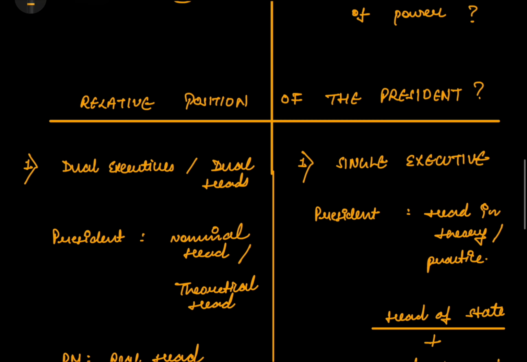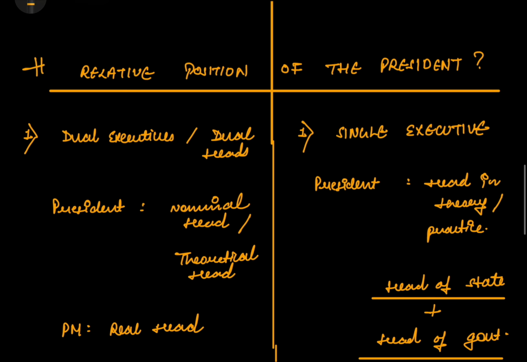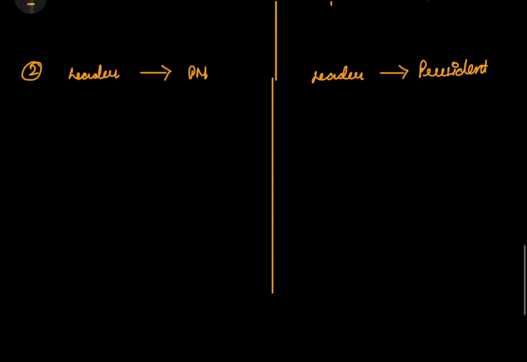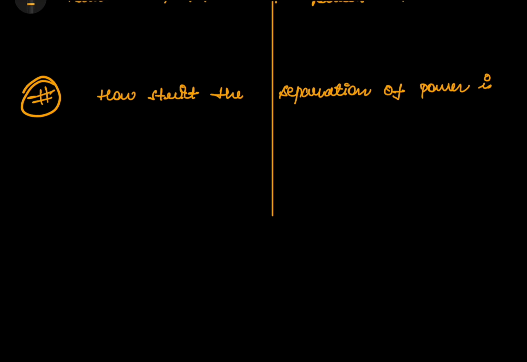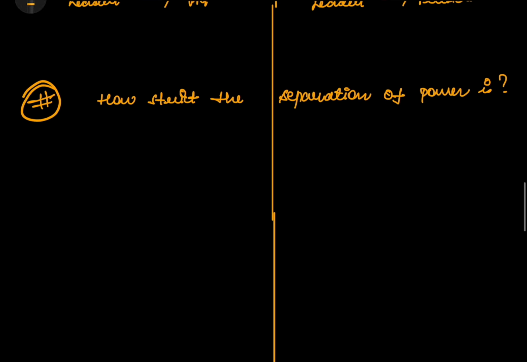Now we will see another classification. The first one was the relative position of the president. Now we will see how strict the separation of power is. So now we will talk about the separation of power.